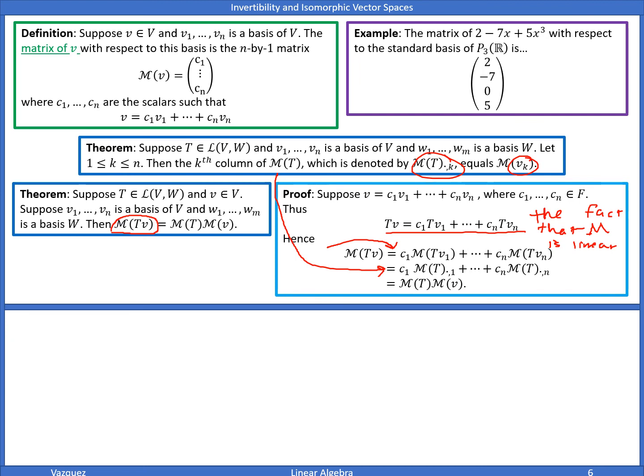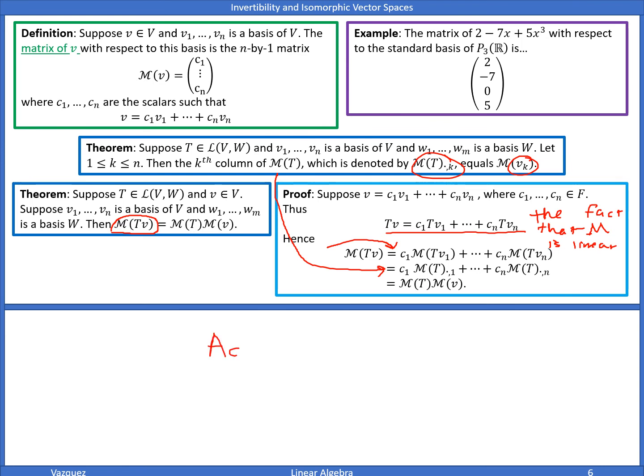And how do we know that's true? Well, we know that's true because of our theorem from last lecture. I believe it was the last one. It was the linear combination of columns, right?